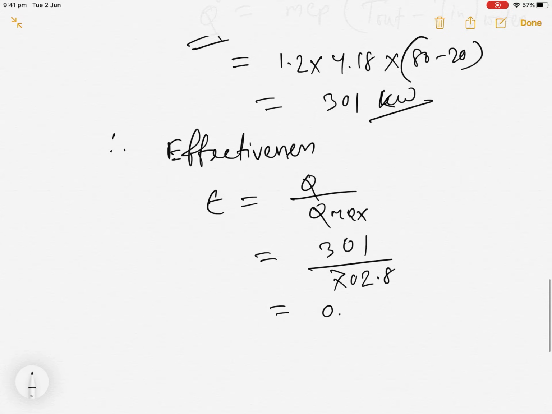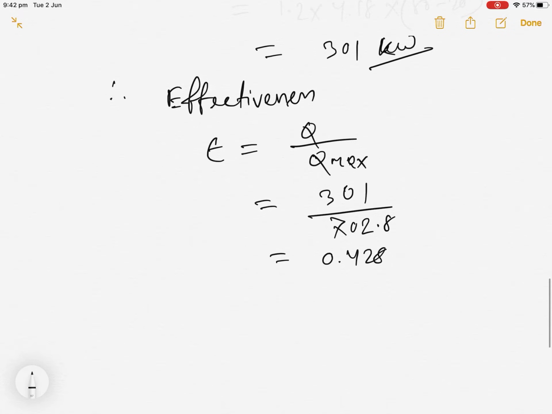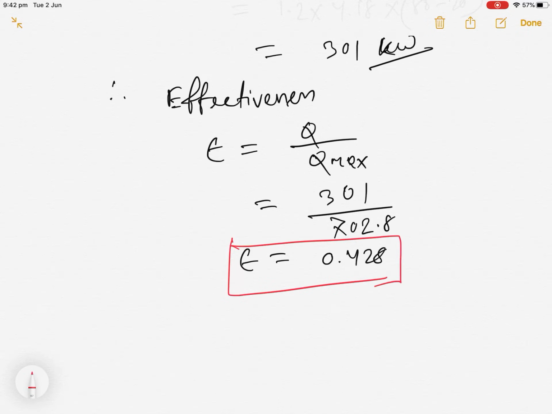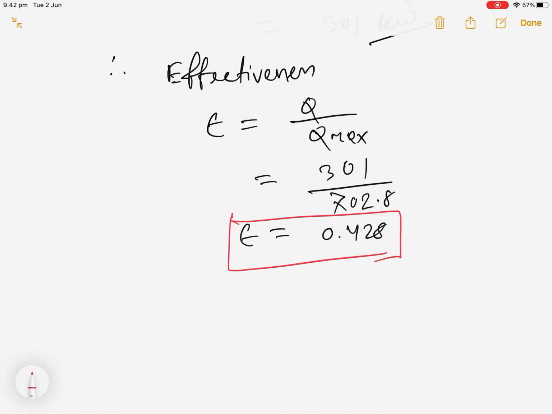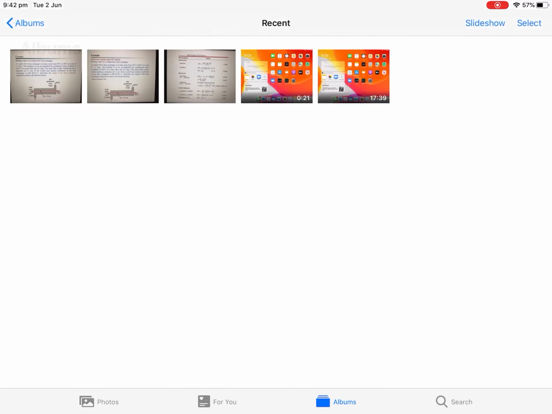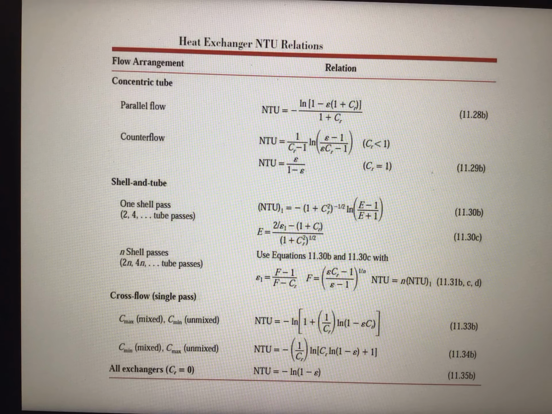Q is 301, Q max is 702.8, so it will be 0.428. That's the effectiveness value. Once we got this effectiveness value, then we can use this table here.